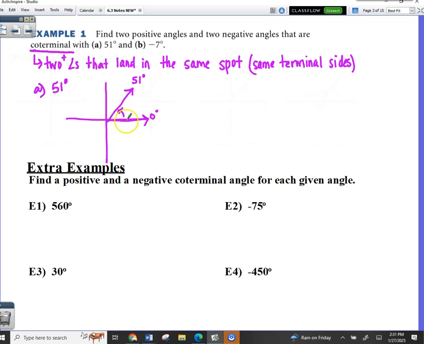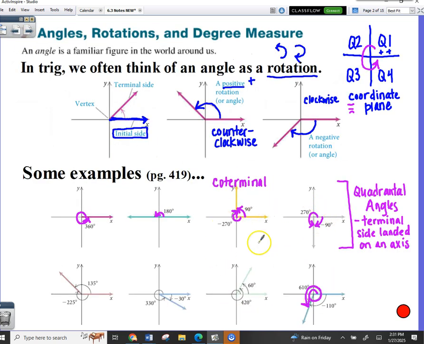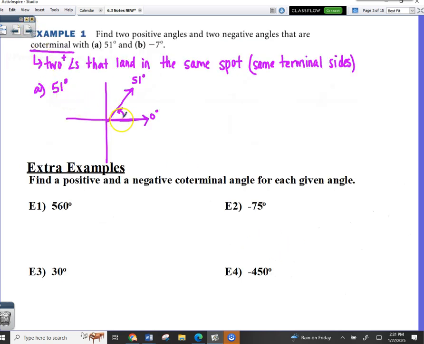Remember, all the angles need to start from here. So we don't want to just open up to 51 again. What could I do? Think back to over here. Think back to all these. Could I go this way? How could I get that number?